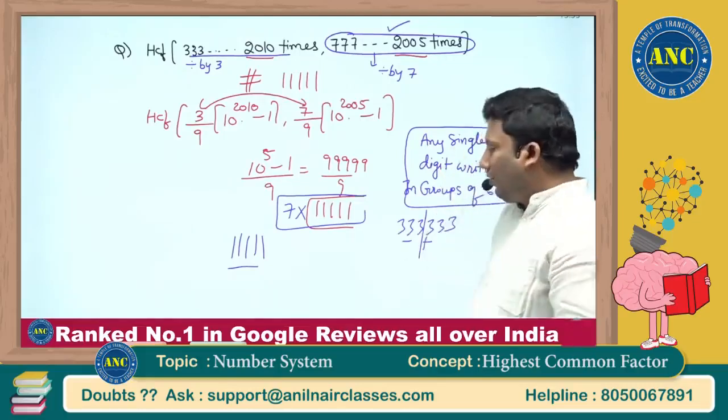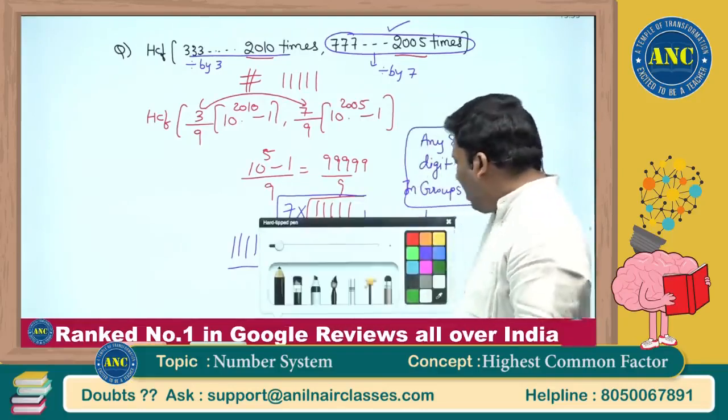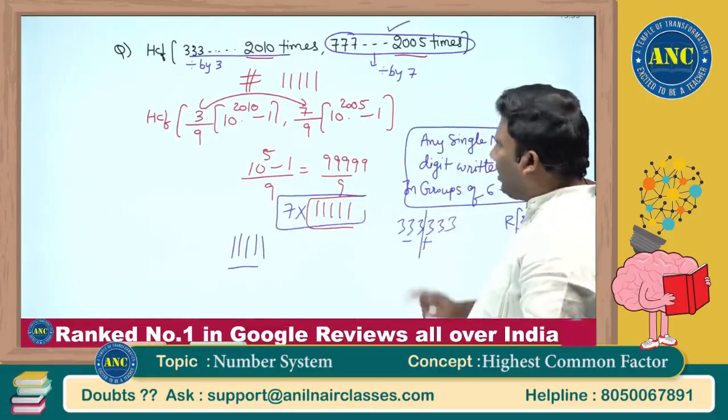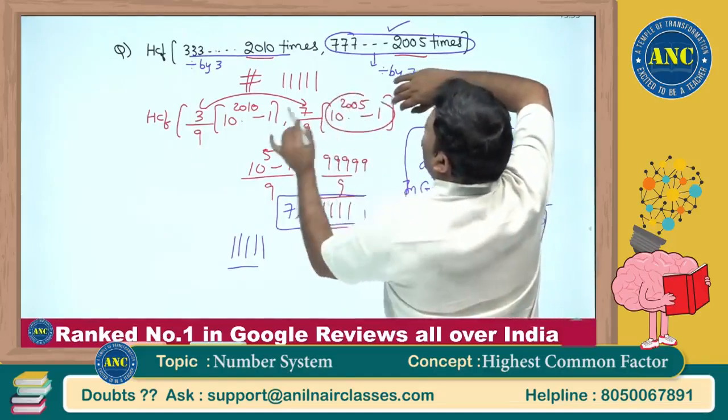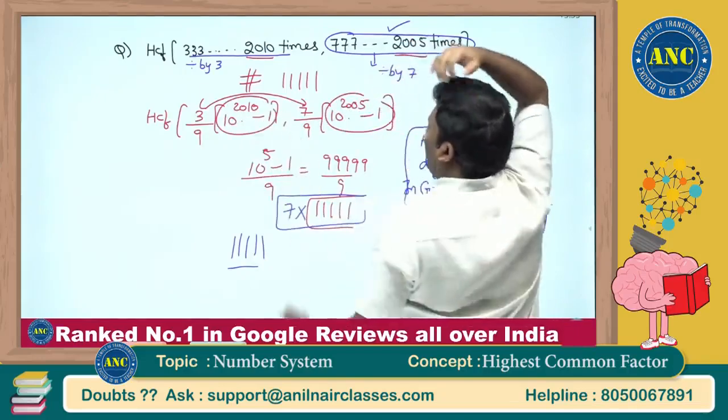And another way of looking at it is, now see here, 10 power 2005 minus 1, 10 power 2010 minus 1.